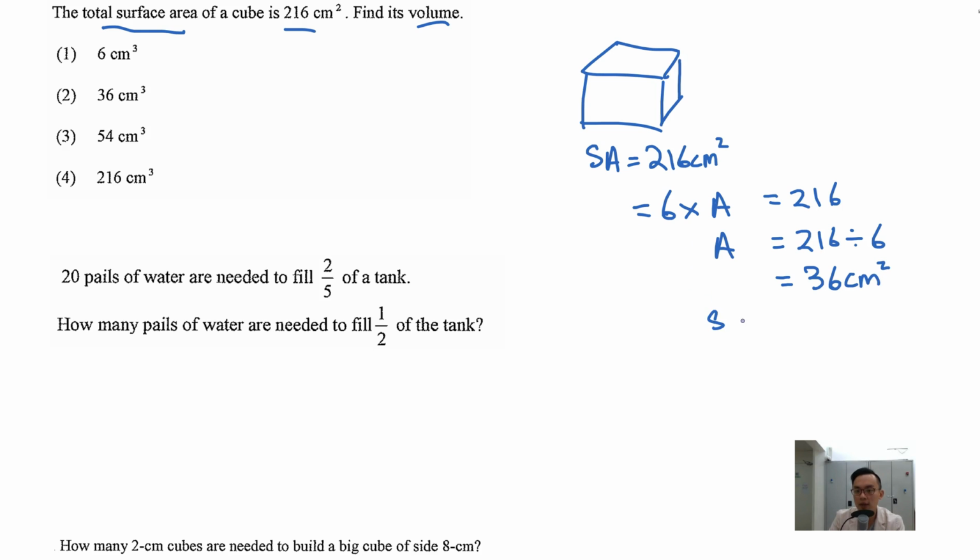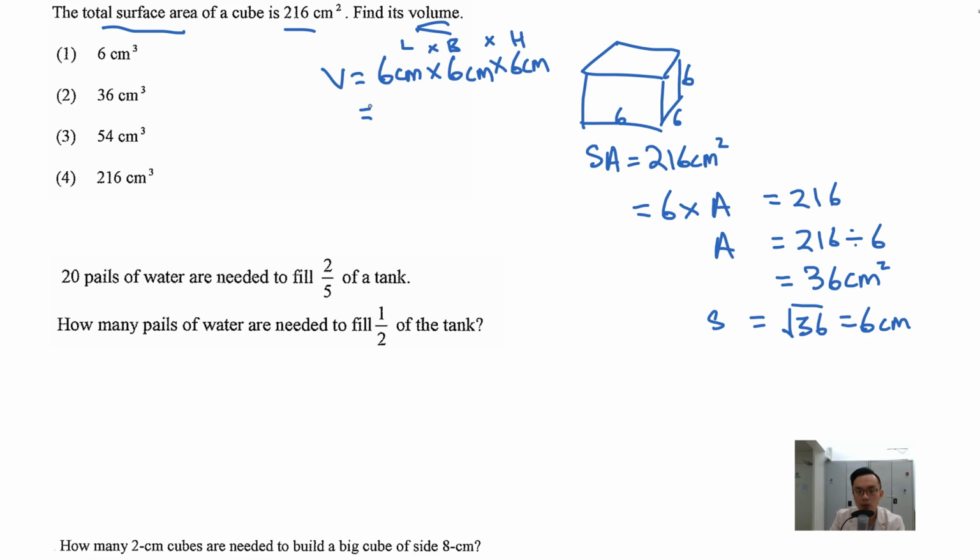So one side equals the square root of 36 equals 6 cm. And I want to find the volume. So volume equals 6 cm times 6 cm times 6 cm. Alright, so this is 6, 6, and 6. So volume is length times breadth times height. So this equals 216 cm cube. So the answer is number 4.